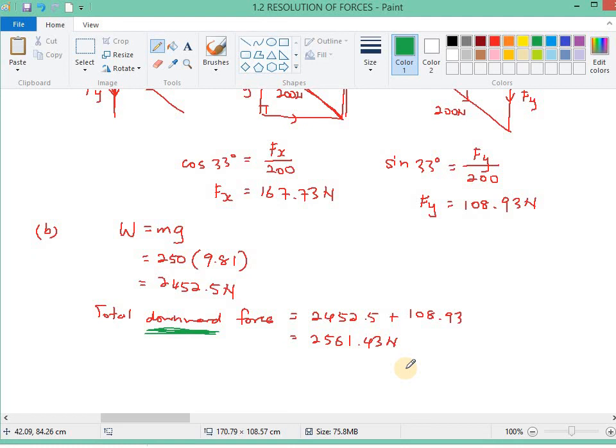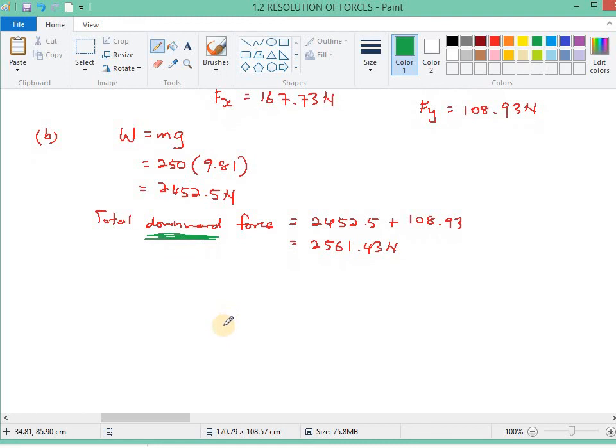You need to write that this is total downward force. Total downward force equals to how much? You need to specify that this answer means total downward force. That is the best way to answer. So again, if you already write total downward force equals to how much, then you do not need to put negative because it already means downward. Get the idea?